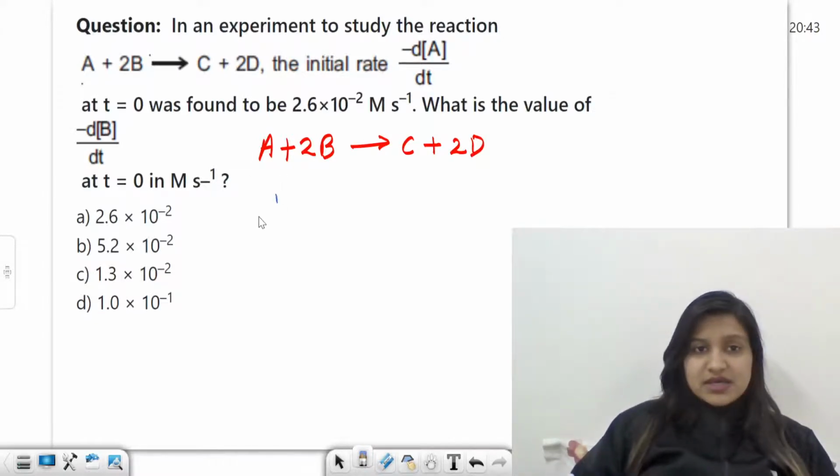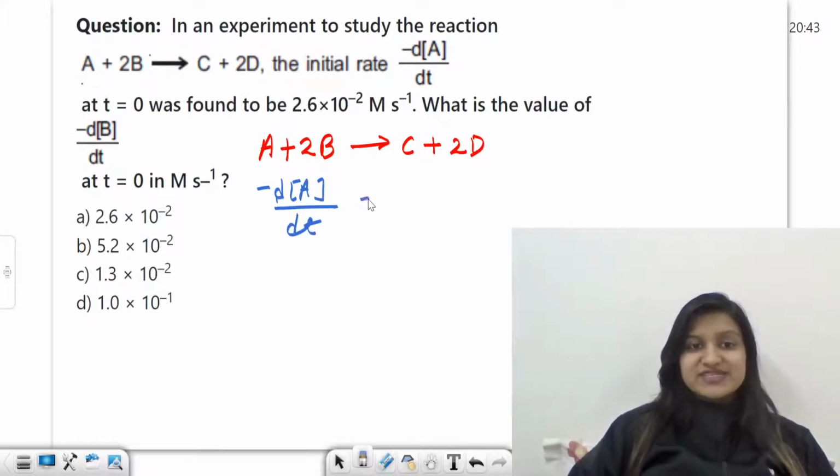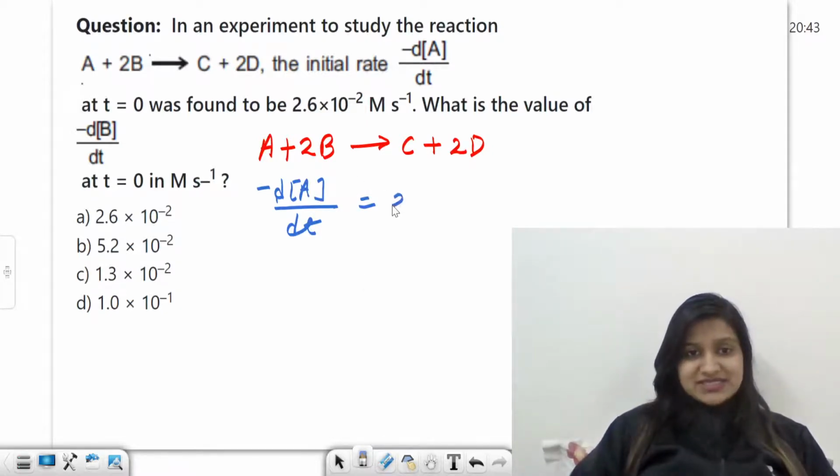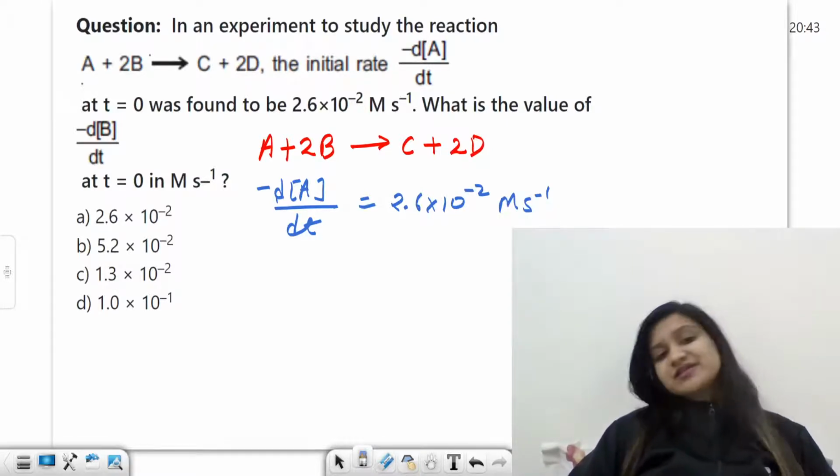So we have been given minus dA by dt, which means the rate of disappearance of A has been given to us, and this is 2.6 into 10 raised to power minus 2 mole per second. Correct?